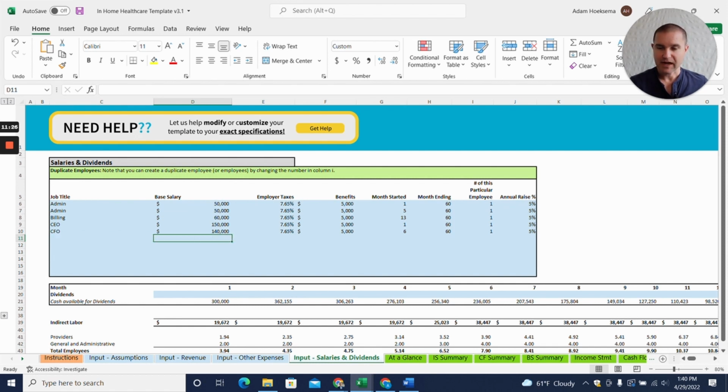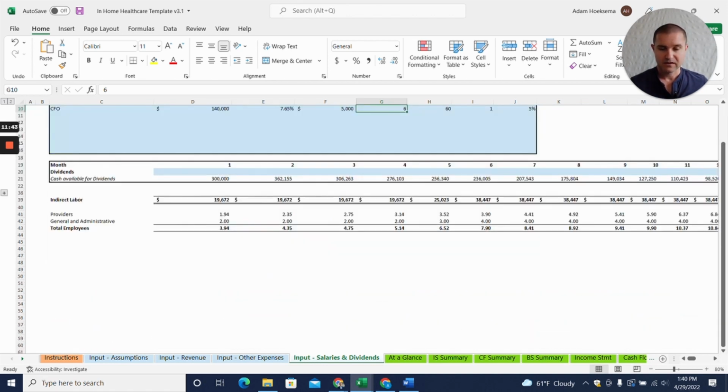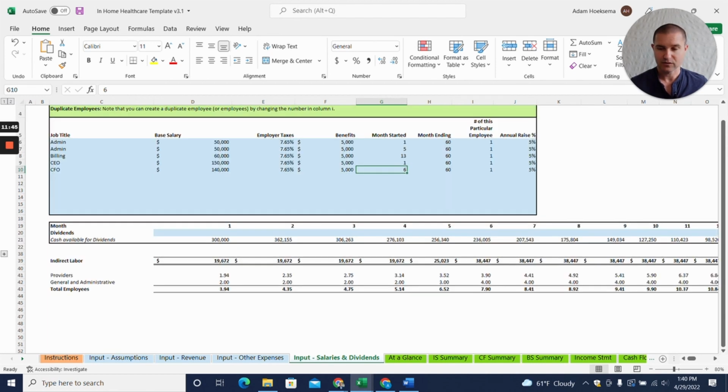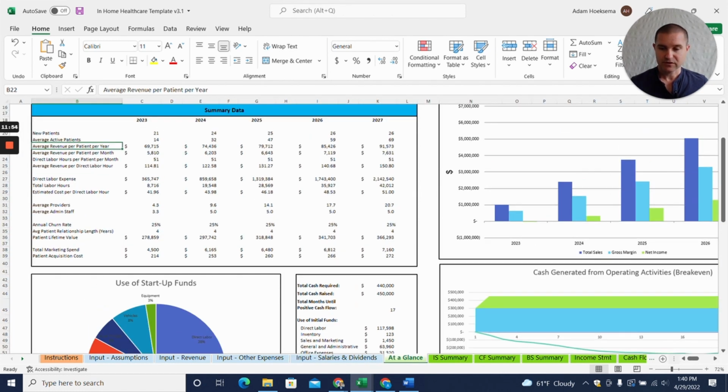You can add them here, add a salary, taxes, benefits if you have them, and then a starting month. What month does this position start? So they may not all start right on month 1. Maybe, for example, we don't hire a CFO until month 6, and so you could enter that there. And then this calculates your total indirect labor expenses as well.